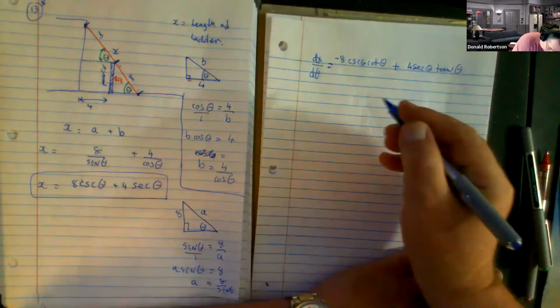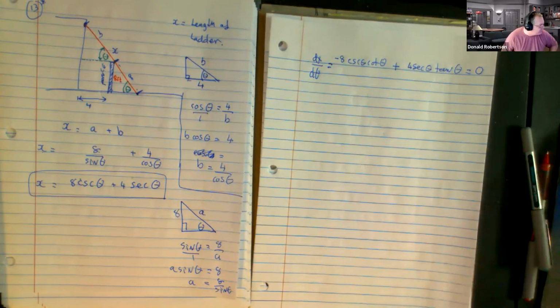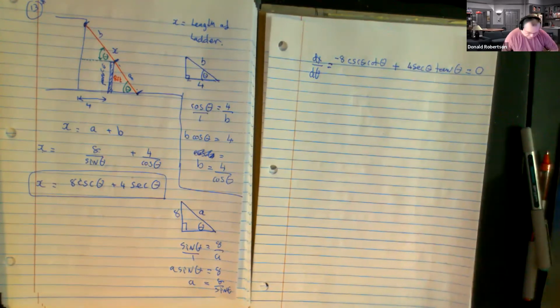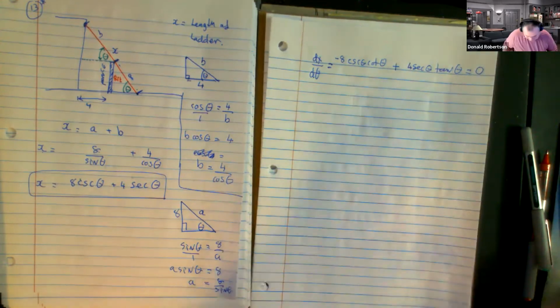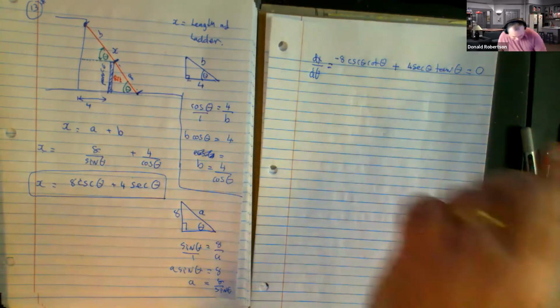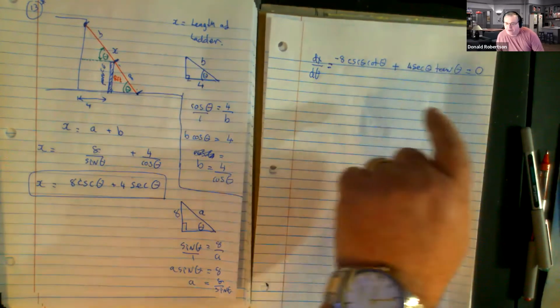Now, we have to find what on earth makes that equal to 0. The good news, well, good and bad at the same time, is that normally you would try and do this algebraically, right? You would try and solve, doing things to both sides.